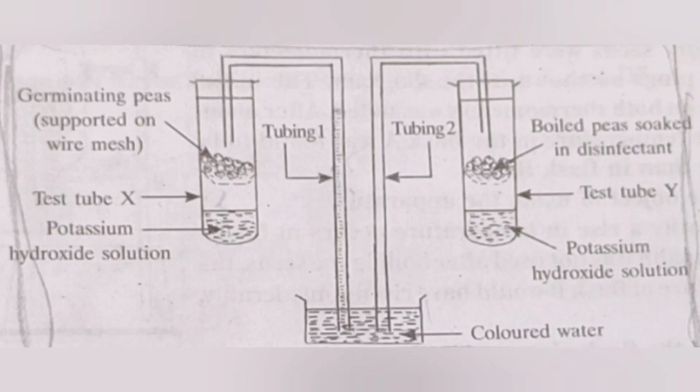So when water is pulled, the level of water will increase, and since the water is colored, it is clearly visible. And how do you say that this is aerobic respiration? Because in aerobic respiration, oxygen is required by the one who is respiring. Here, the germinating peas require it.